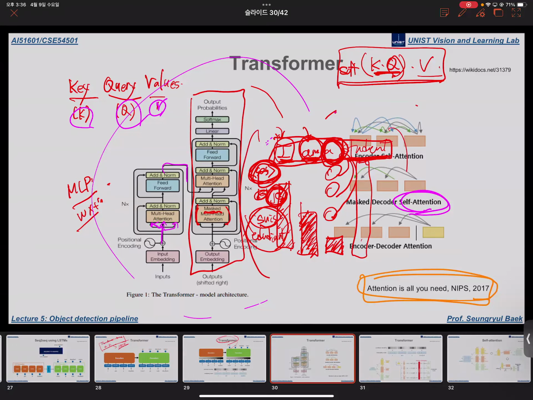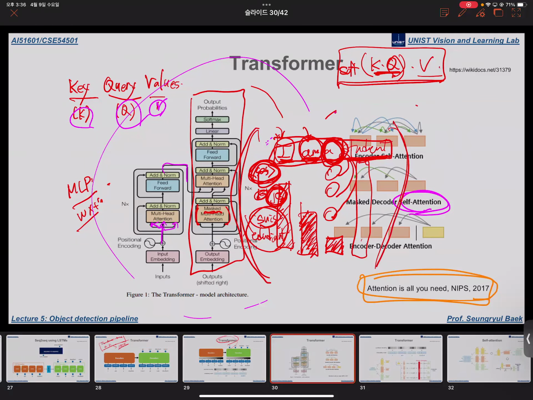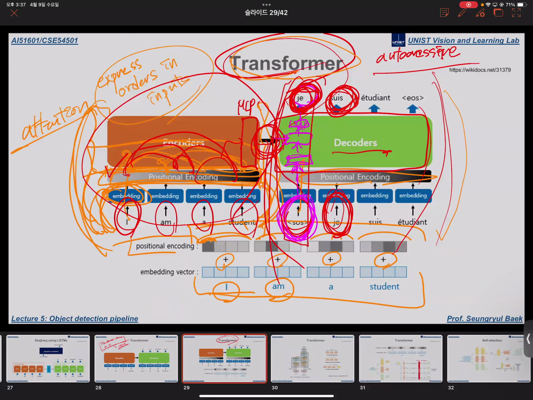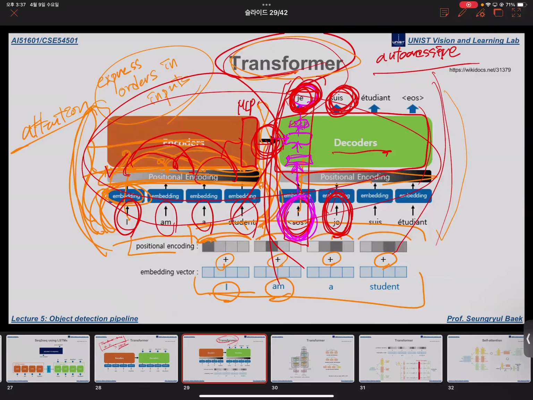This kind of sequential autoregressive operation can be implemented by applying masks to the input. Because of that, during training we apply this masked attention instead of sequentially operating the decoders. So you can see these masks in the overall pipeline.